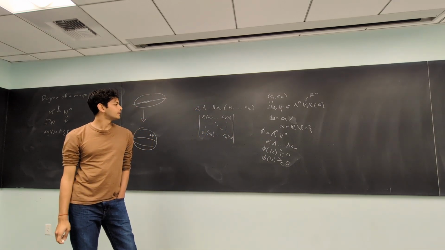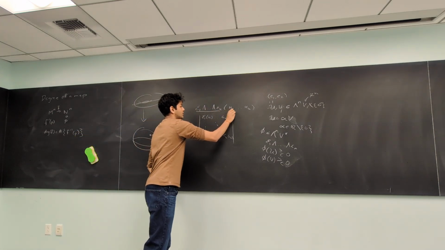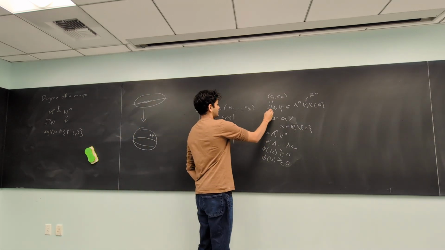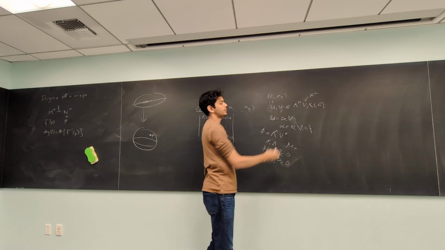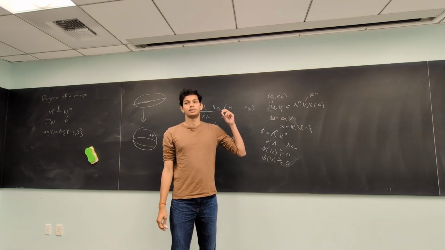U is a form? U is a vector. This is a form. These are k different vectors. So this is some collection of vectors, E1, E2, up to En. So this is some basis.